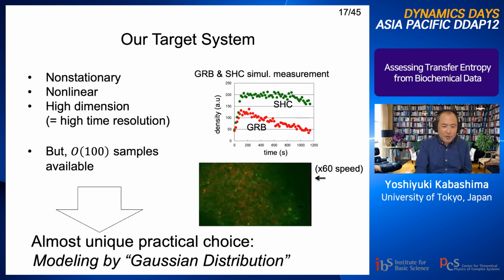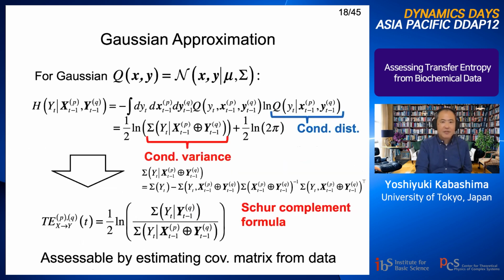reached this conclusion: the almost unique practical choice is modeling by a Gaussian distribution. Why? Because for the Gaussian distribution, exceptionally, we can get the entropies by analytical methods.